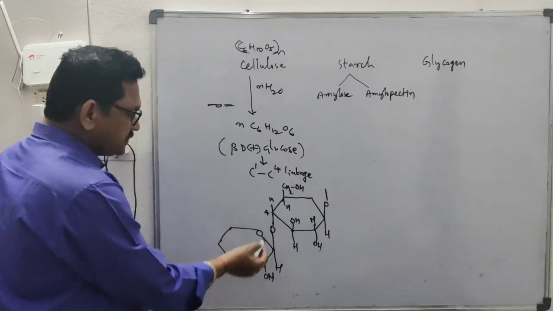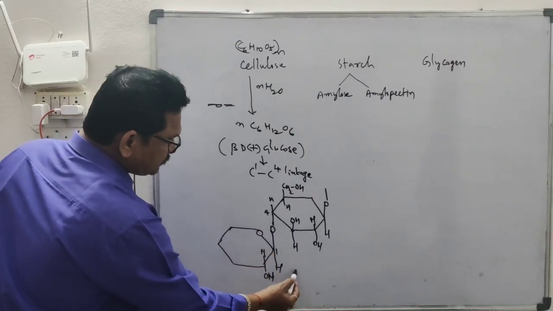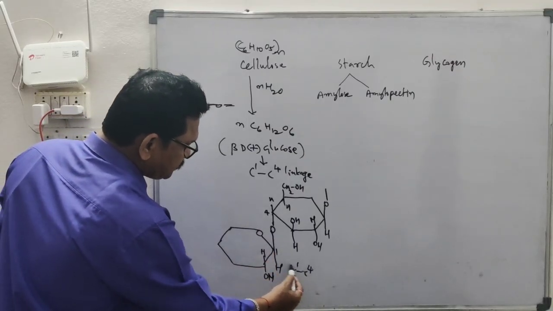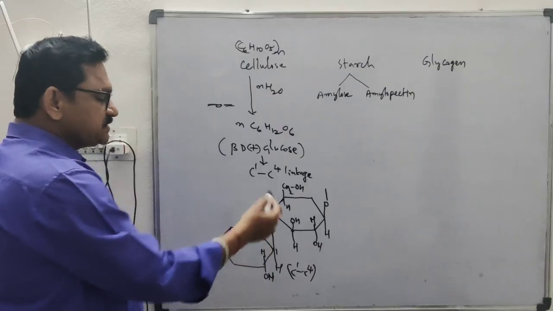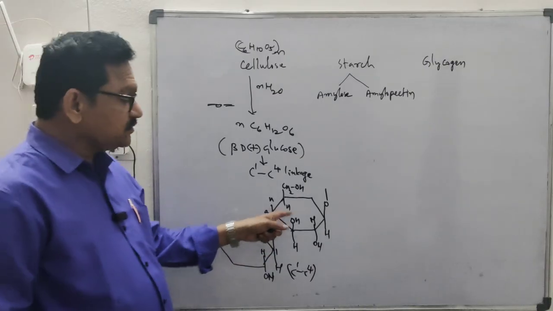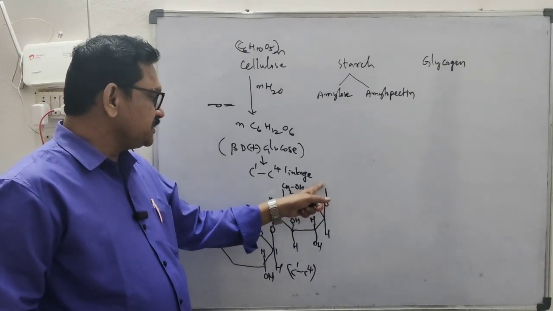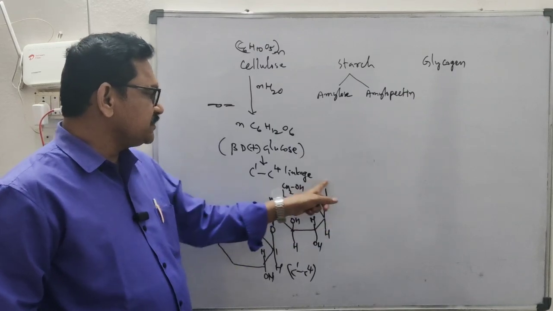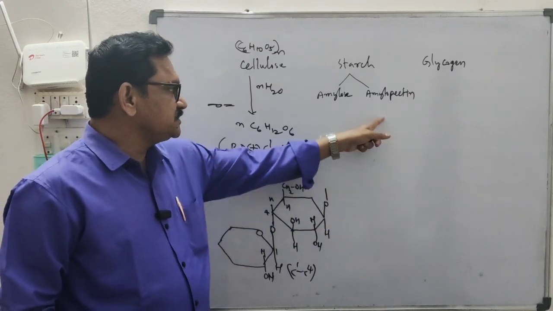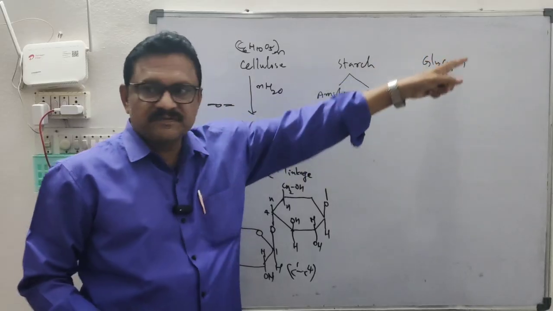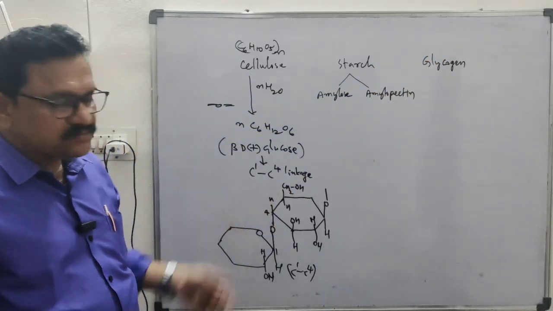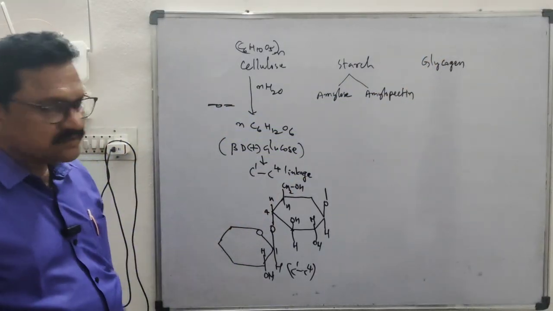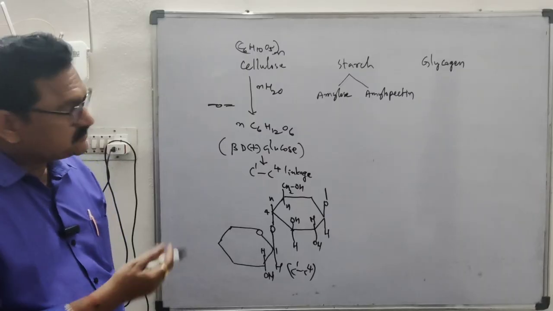This is C1. So which linkage is present? C1 C4 linkage, a combination of several beta glucose units. Again, here this is C1, and this is the end carbon, again C4, again C1 C4, again C1 C4. It is a polymer. We have several molecules. This is the cellulose structure. So that's it, over.